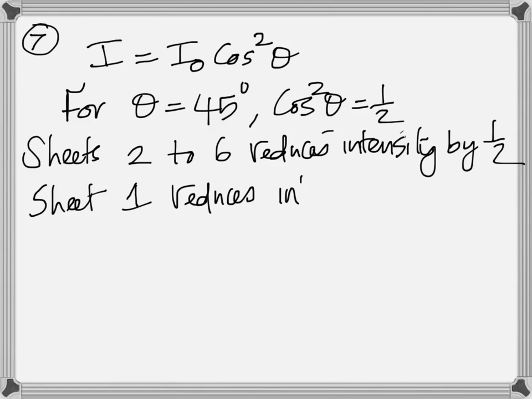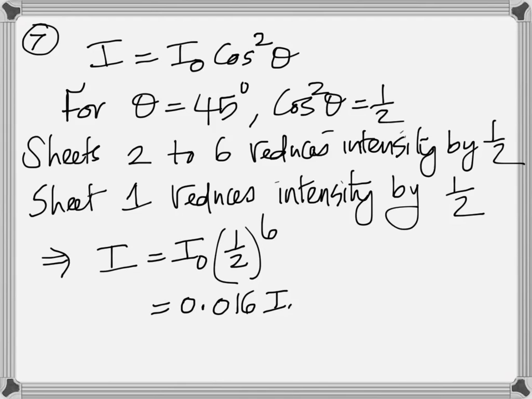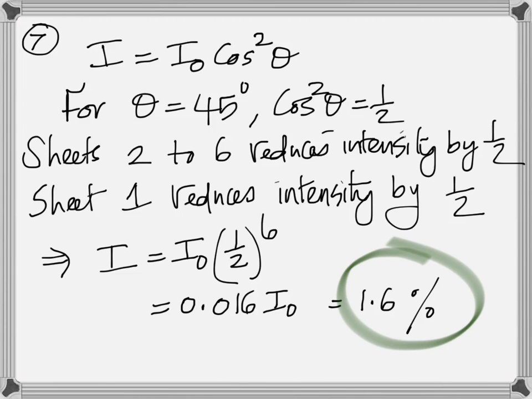And sheet 1 always reduces it by 1/2, because it only transmits one component and restricts the other. Therefore now, since each one reduces it by 1/2, and that's 6 times, so it's raised to 6. Therefore, the final intensity is only 1.6% of the initial.